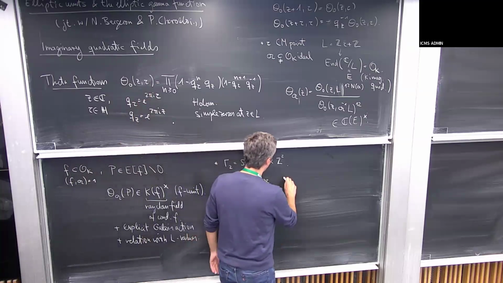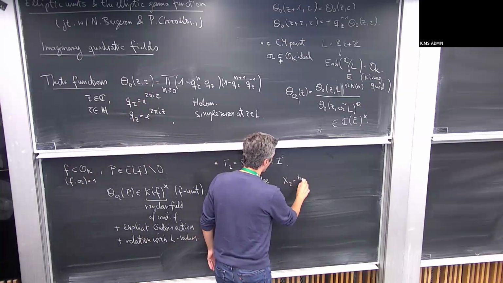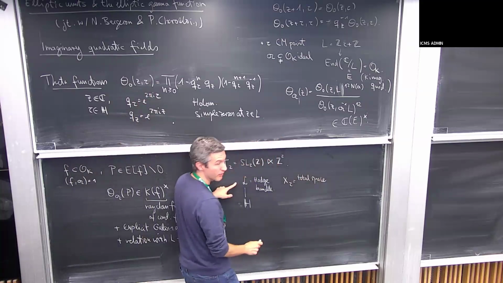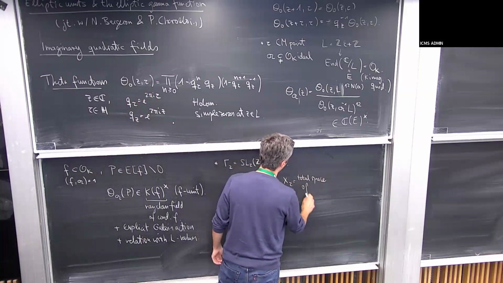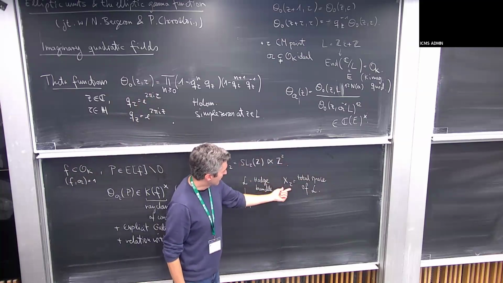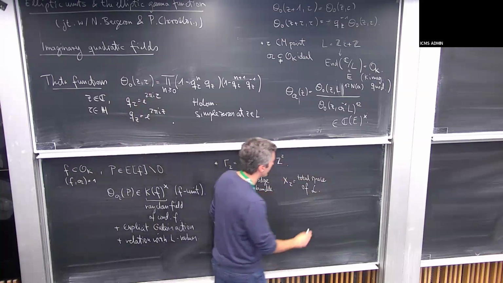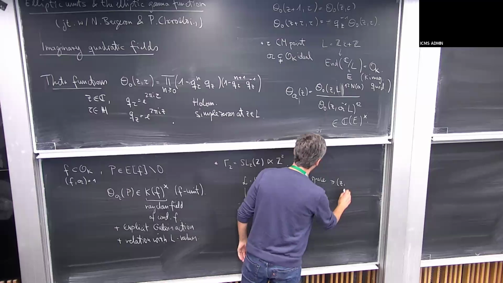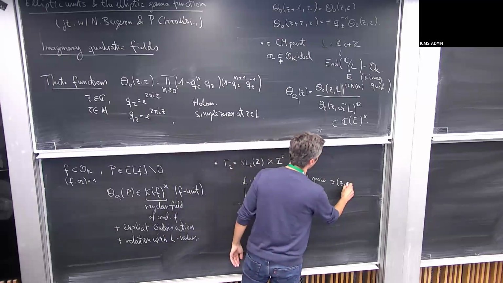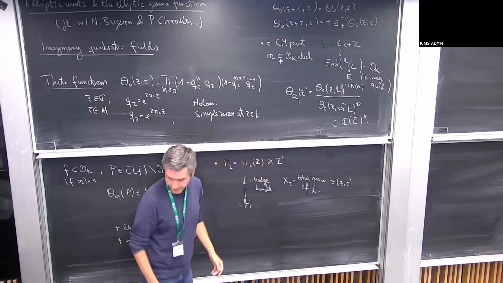I will denote by X2 the complex manifold given by the total space of this Hodge bundle. So this is now a two-dimensional complex manifold. Here z is the fiber variable and tau is the base variable.